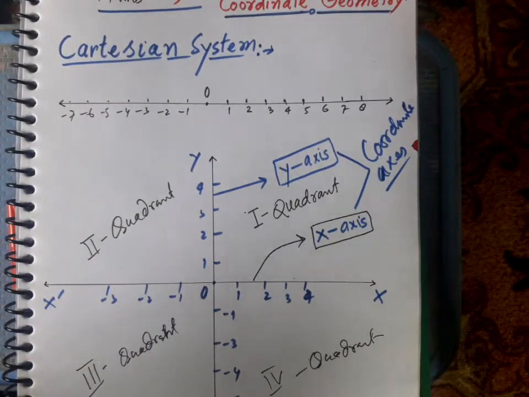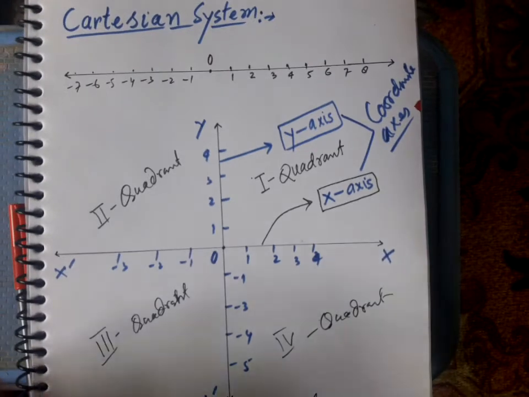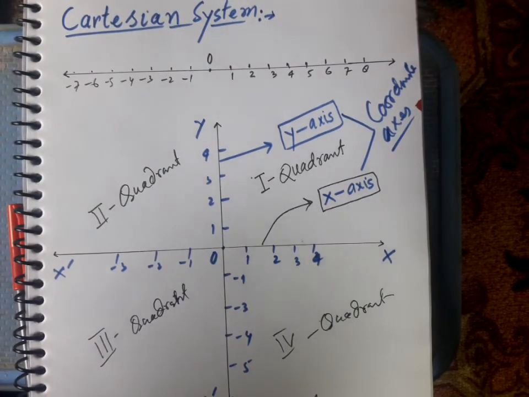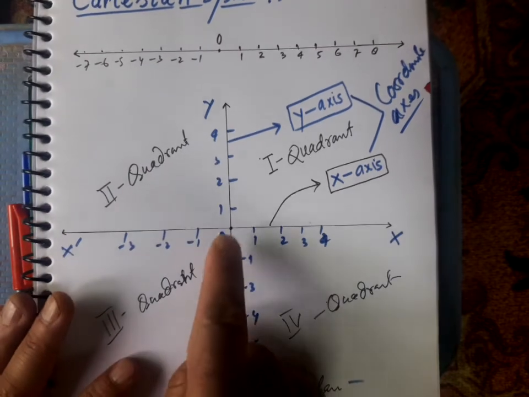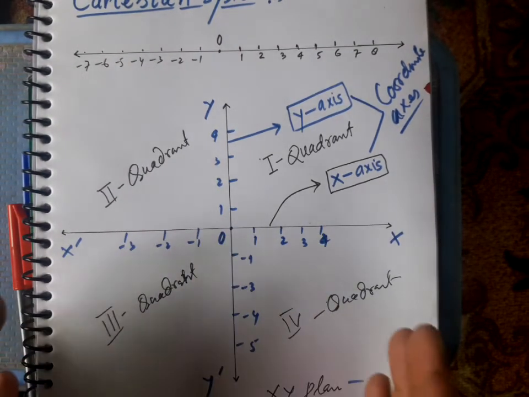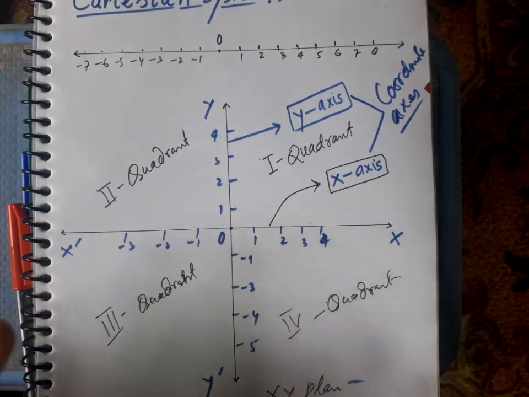So what a coordinate plane is: if you draw two perpendicular lines intersecting at a point called the origin, the plane we call is the xy plane or Cartesian plane.